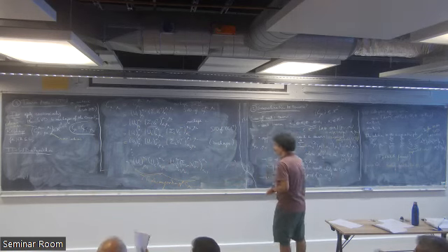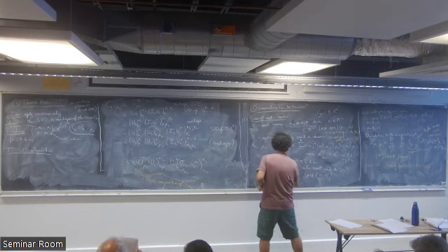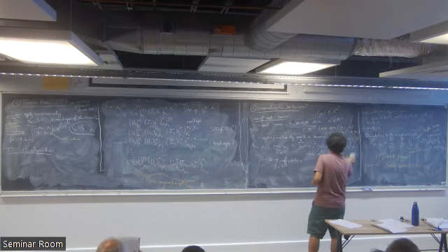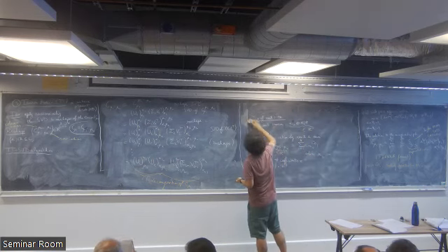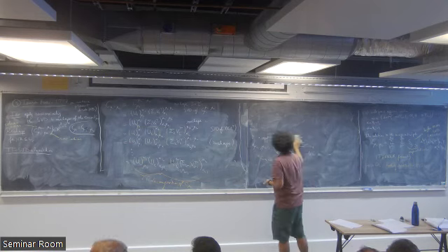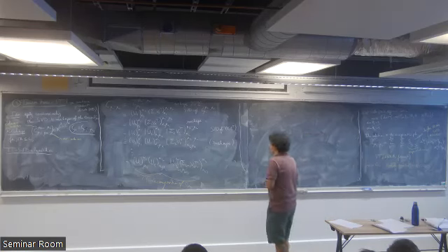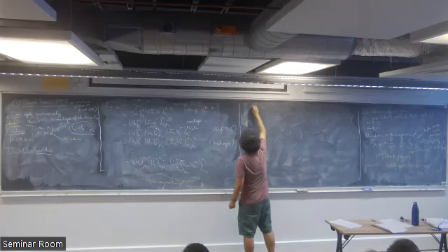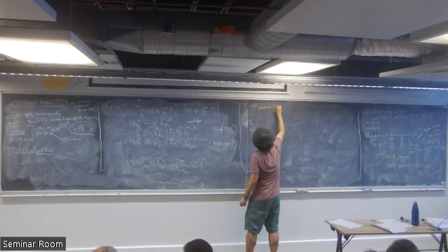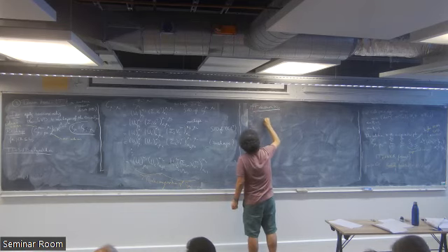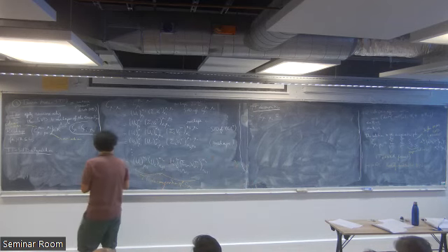Okay, so maybe just to write it a bit nicer than here: what is then a general TT decomposition? It will be a decomposition of this form.